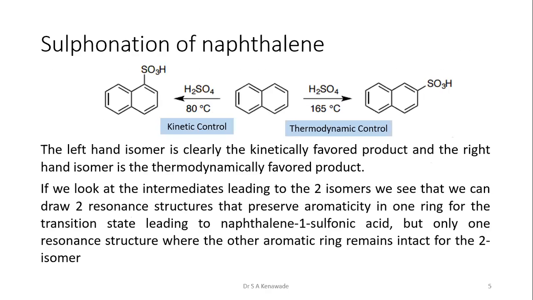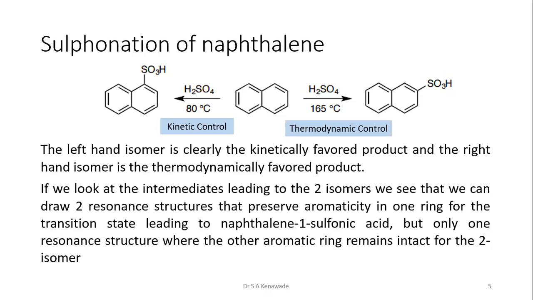Again, we can look at the sulfonation of naphthalene. In this case also, if we maintain a low temperature, then we get alpha naphthalene sulfonic acid.